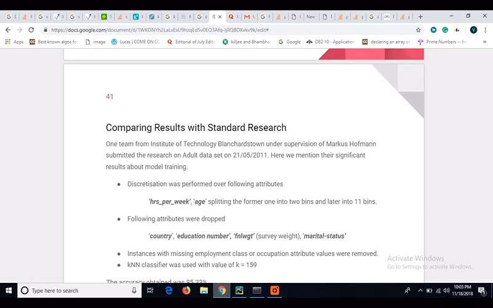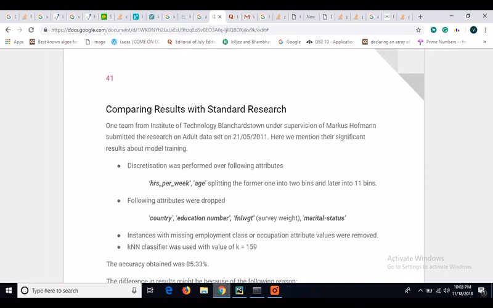Now we also compared our result with some standard research. One team from the Institute of Technology Blanchardstown, under the supervision of Marcus Hoffman, submitted research on the adult dataset on 21st May 2011.